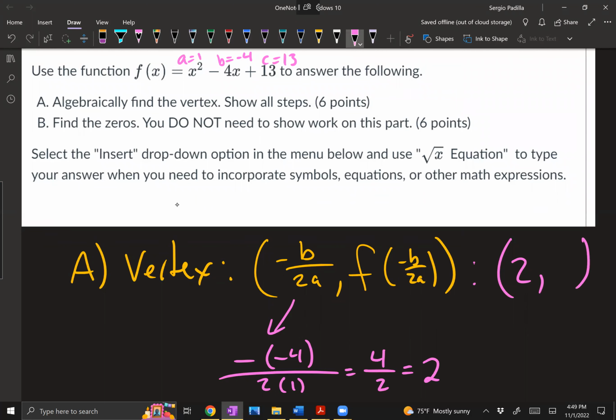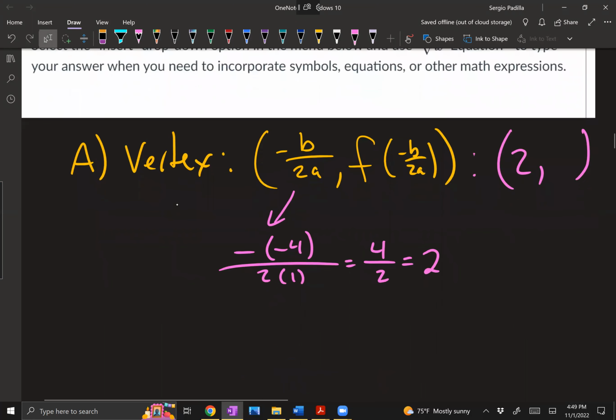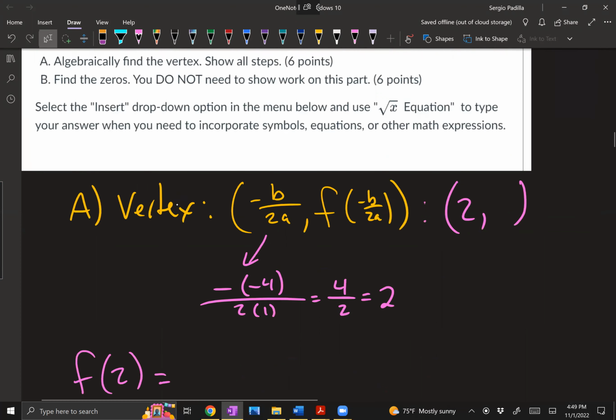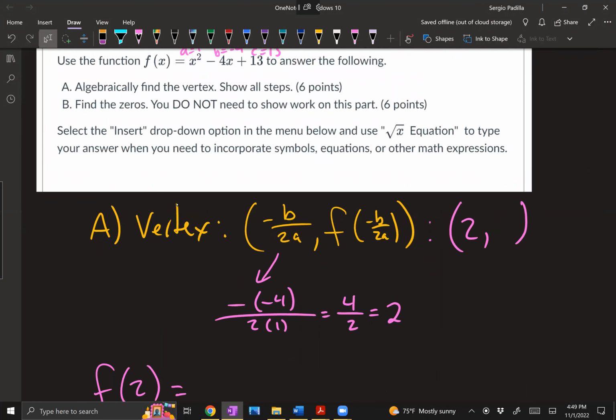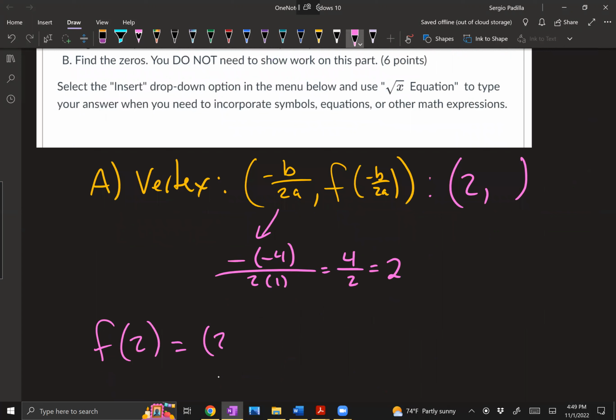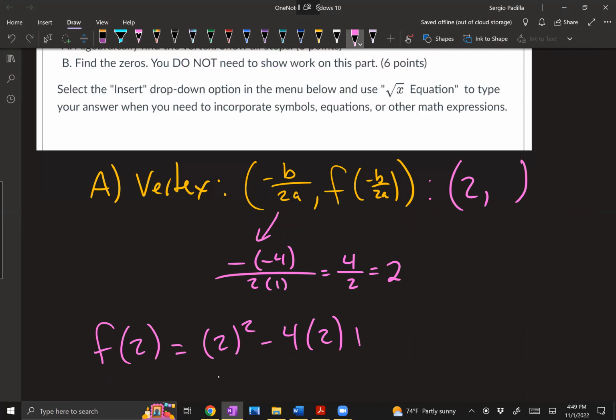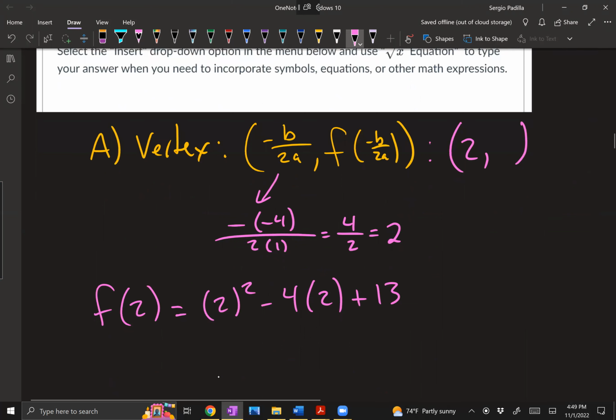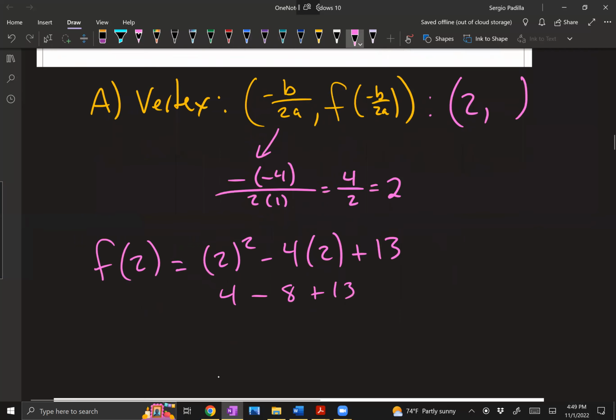Now to find the y value of the vertex, I need to plug 2 into my f of x equation. In this case, f of x is equal to x squared minus 4x plus 13. So I'm going to do 2 squared minus 4 times 2 for x plus 13. 2 squared is 4, minus 4 times 2 is 8, plus 13.